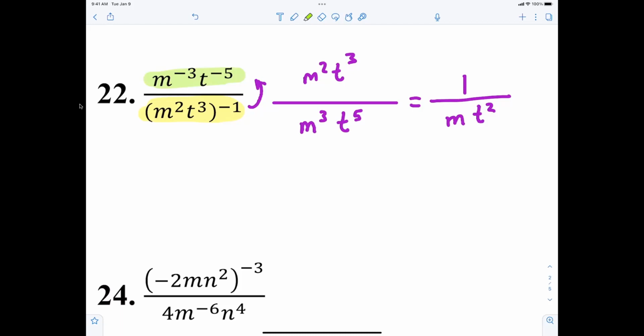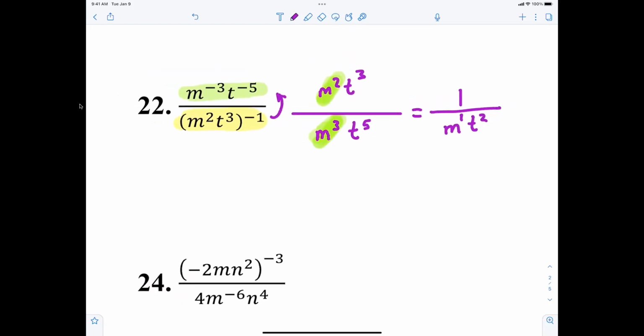I can't answer every question on every problem that you have. You have to pay attention. You know we're subtracting m squared and m cubed. 3 minus 2 is 1. That's why there's an m on the bottom. 5 minus 3 is 2. That's why there's a 2 on the bottom. If it's negative, you just have to flip it.